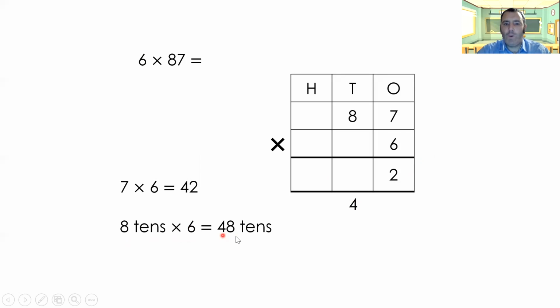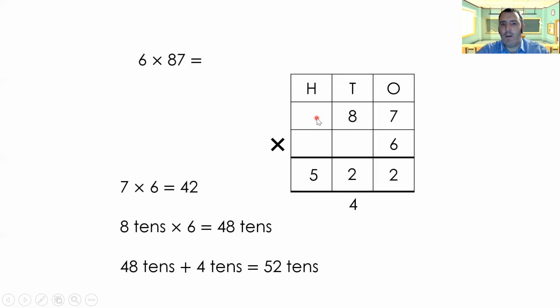It gives me a total of 48 tens, or 480. I've got another 4 tens here that I need to add on. So 48 tens plus 4 tens is going to give me 52 tens. And I can write them here because I don't have another calculation to do here. So I've got 522 as my answer.